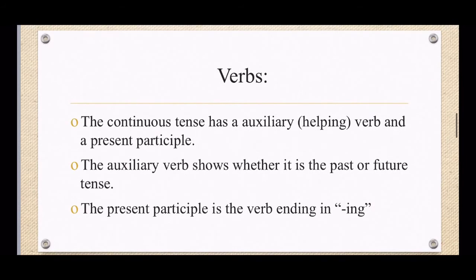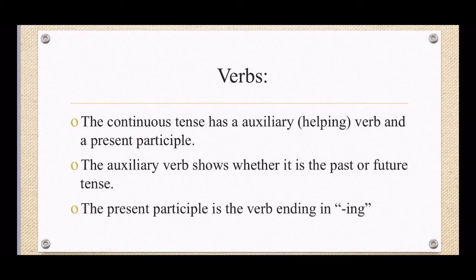If we carry on the page in the textbook, we have another big block and the heading says verbs. It reads, the continuous tense has an auxiliary, which is a helping verb, and a present participle. The auxiliary verb shows whether it is the past or future tense.